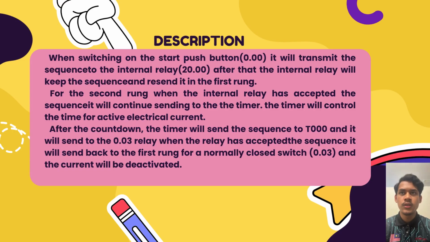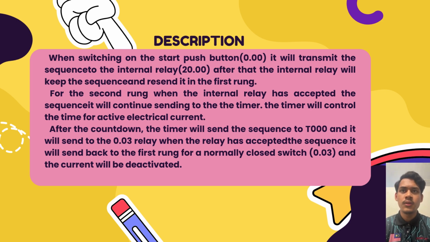For the description, when we switch on the start push button 0.00, it will transmit the sequence to the internal relay 20.00. After that, the internal relay will keep the sequence, and this is the first round. For the second round, when the internal relay has accepted the sequence, it will continue sending to the timer. The timer will control the time for active electrical current.